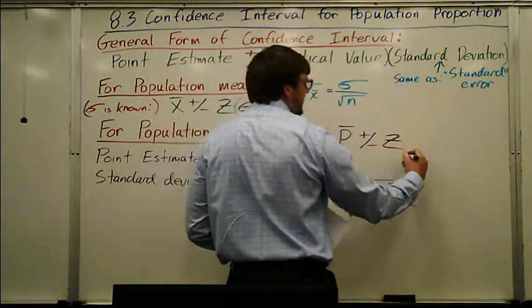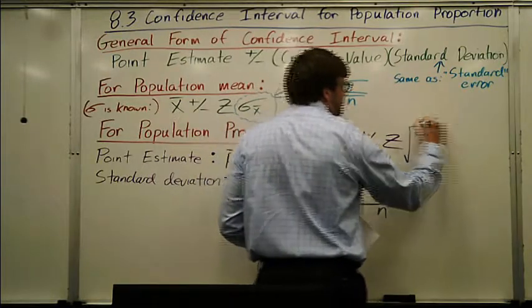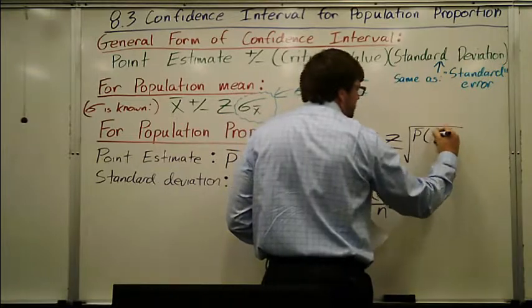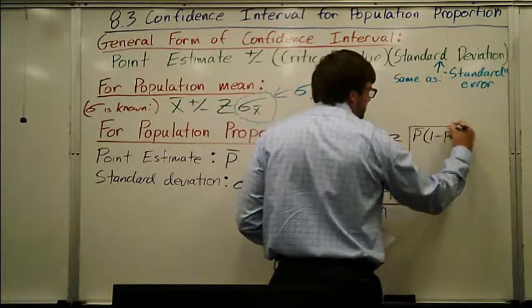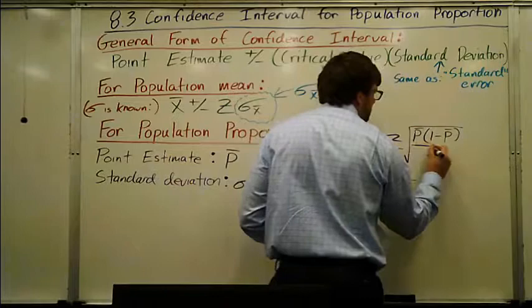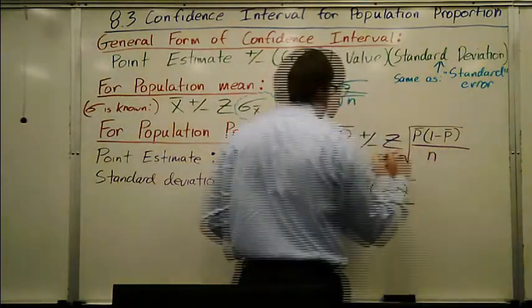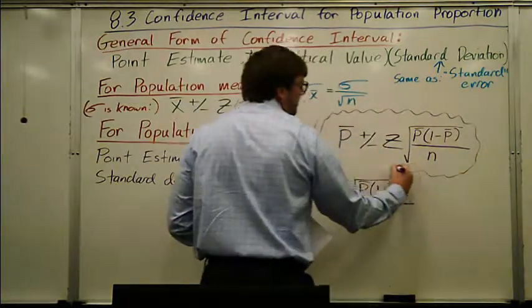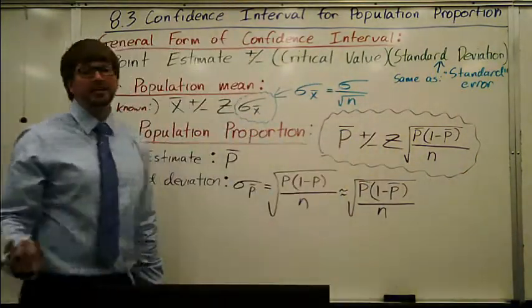So there is your formula for constructing a confidence interval around a population proportion.